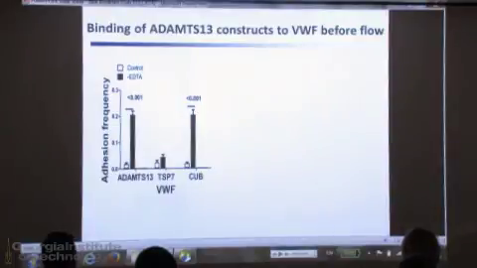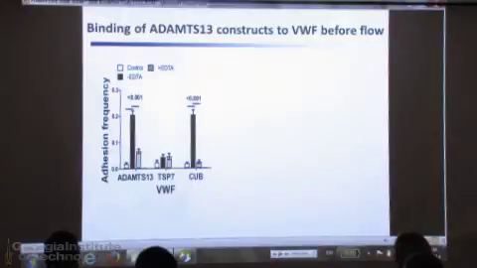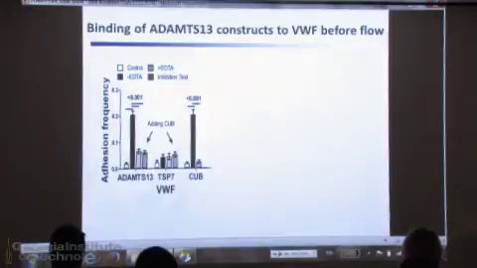Now that's when you do the experiment in the absence of flow. So it's a kind of globular VWF, like the image you remember from the previous slide. Right, now there was some calcium dependence, because you can use EDTA to chelate divalent cations, and then the binding was suppressed. This other thing doesn't do anything, so that's just the background. Now look at this part here.